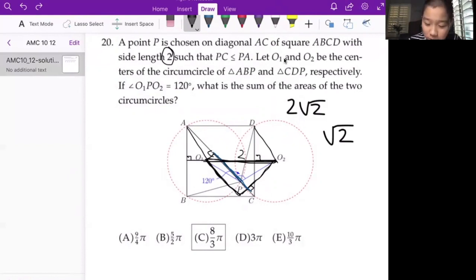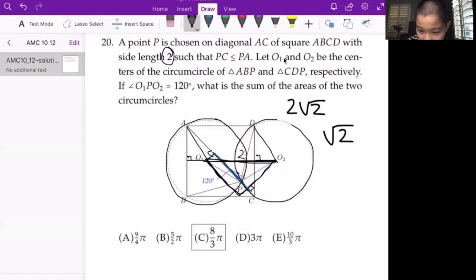And we can also prove that by the parallelogram because of just the properties of the parallelogram. So the two radii are actually the same. So what are they?